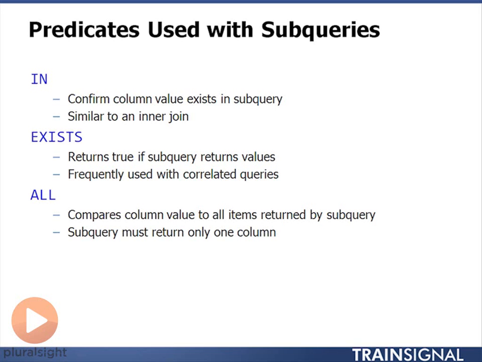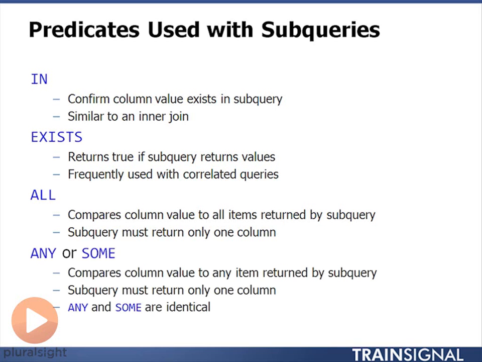Now, if I wanted to do a comparison to all items returned from a query, I can utilize an ALL statement. So for example, maybe I wanted to find all of the products that had the highest price. I could do that with an ALL statement, creating a subquery to get the highest price, and then compare that by using ALL and an equals to the results of my outer query, where I would be grabbing the list of my products and comparing my list price.